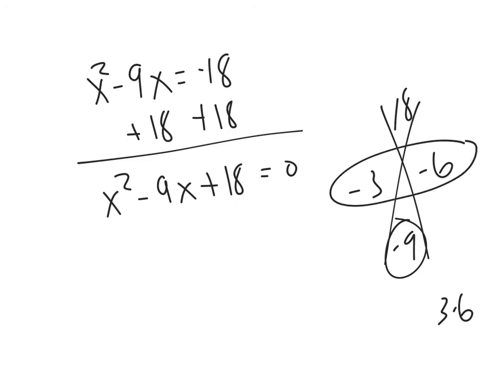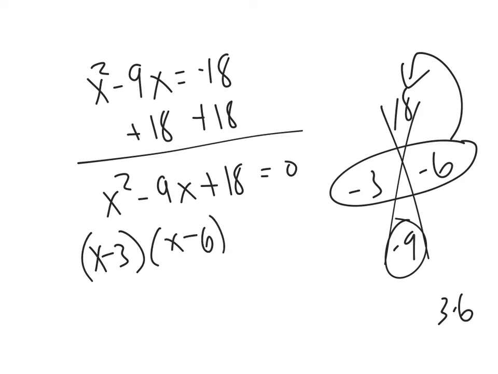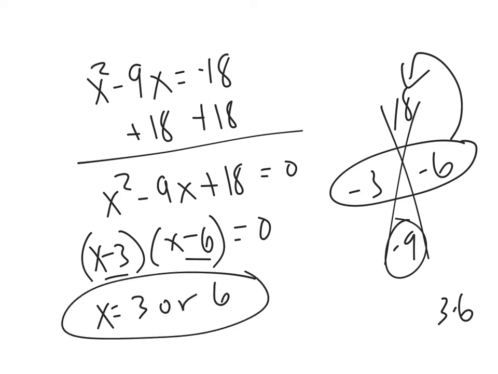And the negative times negative gives me the positive 18. So we can come over here, we go x minus 3 and x minus 6, or vice versa, it doesn't matter, x minus 6, x minus 3, wouldn't matter one bit. And so now we've factored it, and now to say the solutions, well, we just say x is the opposite of this number and the opposite of that number. And there's our solutions. Okay?